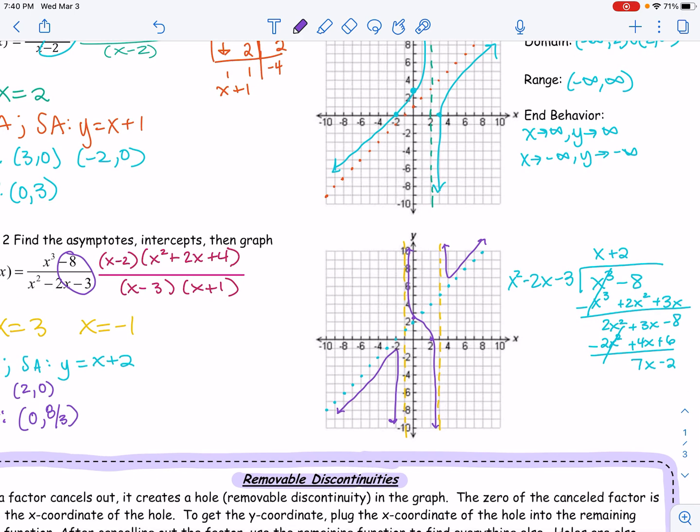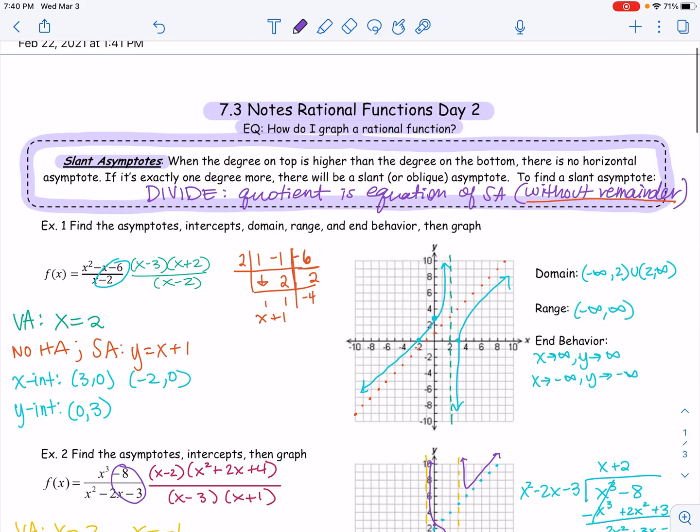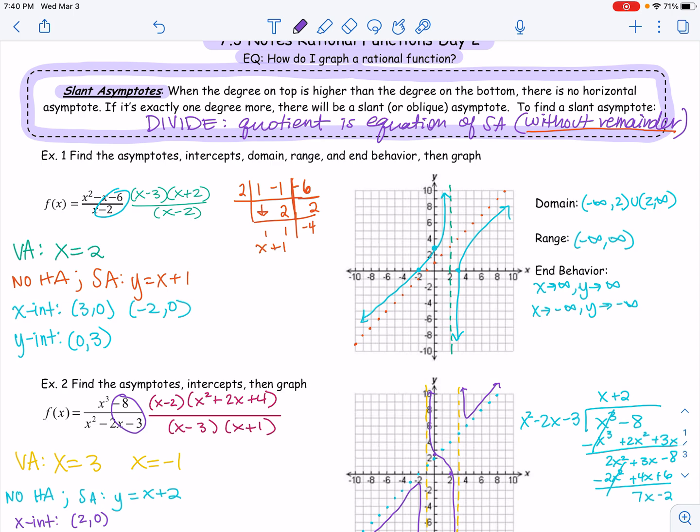Domain would be negative infinity to that first vertical asymptote of negative 1, then from negative 1 to the second vertical asymptote of 3, and then 3 to infinity. And your range would be from negative infinity to positive infinity. End behavior would be as x approaches positive infinity, y also approaches positive, and as x approaches negative infinity, y approaches negative.